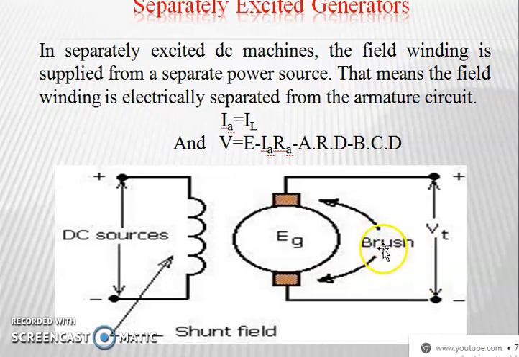Then this voltage V is called the terminal voltage, which is given as V is equal to E minus IaRa, ARD and BCD. ARD is called the armature reaction drop. BCD is called the brush contact resistance drop. In this case, Ia is equal to IL, armature current is equal to load current.